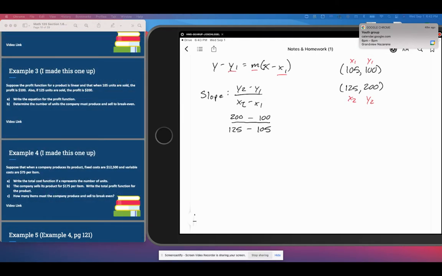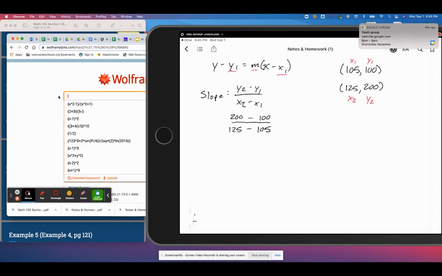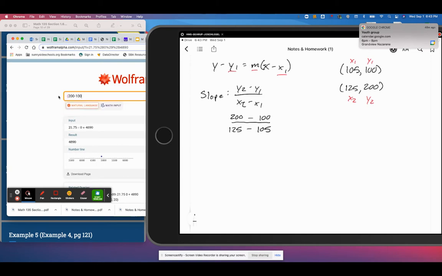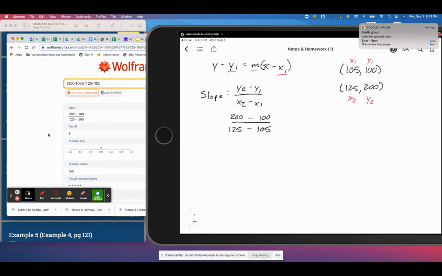Oops, and that disappeared. Okay, there we go. Wolfram doing a disappearing act. We have 200 minus 100 over 125 minus 105. And we are going to get the result of 5. So our slope is 5.